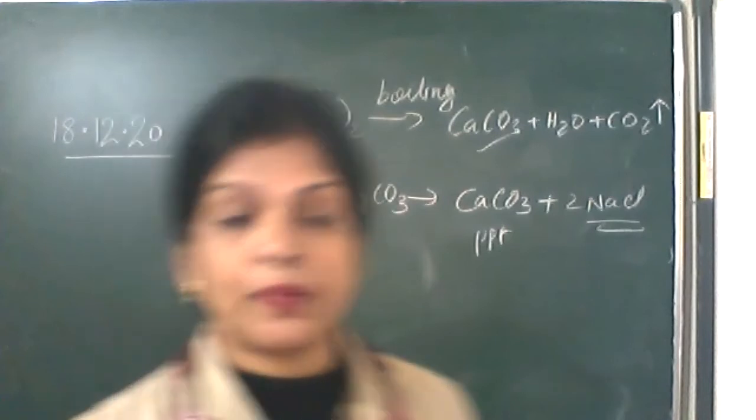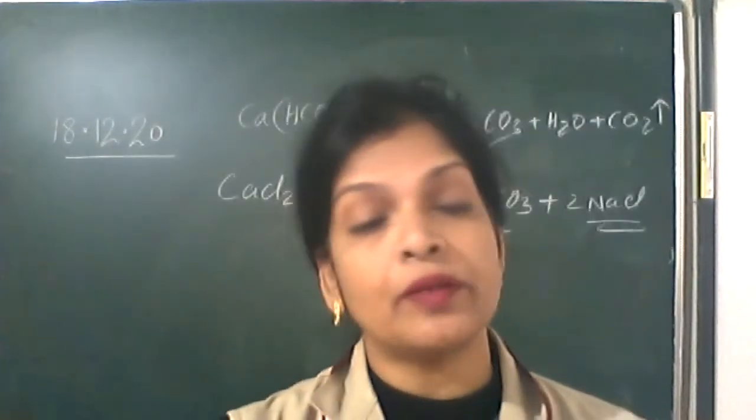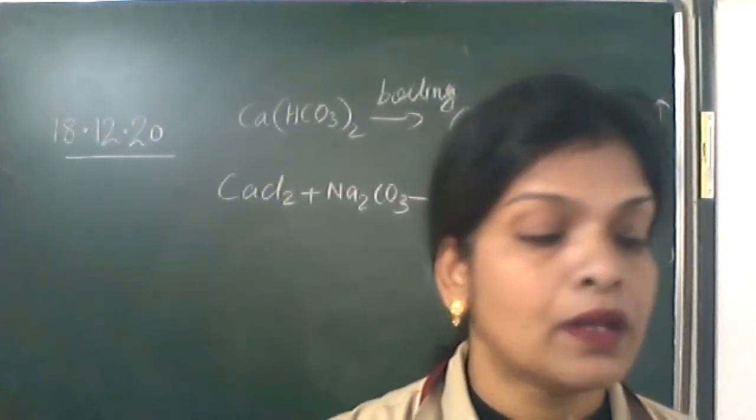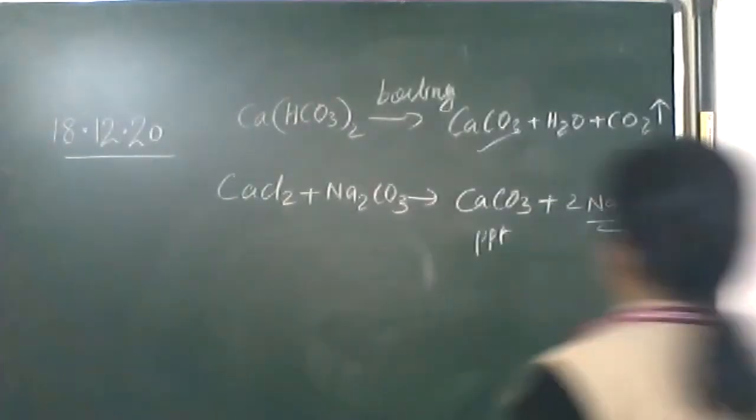Next, the permutit method. Permutit means sodium aluminosilicate, which is also called zeolite.